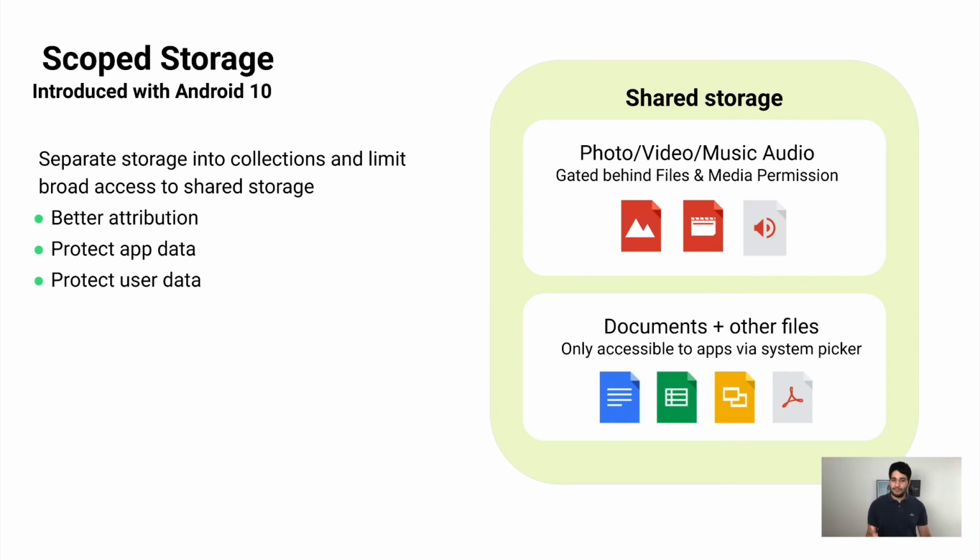So rather than applications gaining access to all the files in shared storage, they now only have access to media files. And in order to gain access to documents, which could potentially contain more sensitive data, the application needs to ask the user to grant access specifically to those documents. We will see how we can do that.